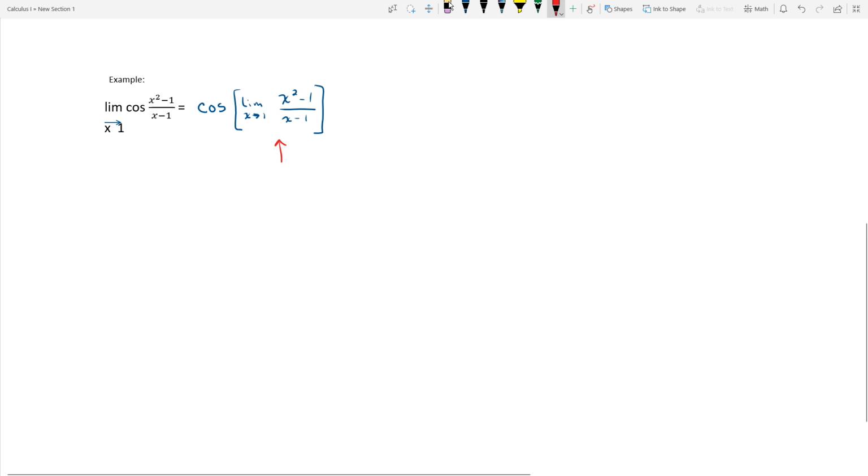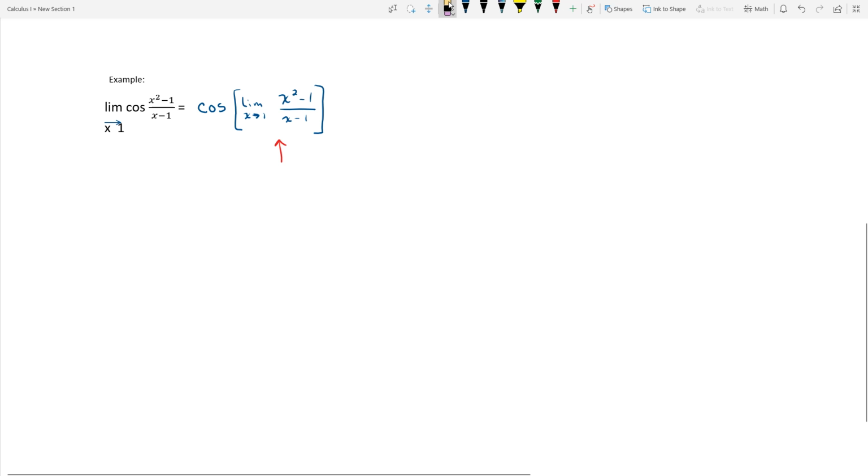So the first step says to go ahead and place 1 inside here and see what we end up with. We'd have 1 minus 1 over 1 minus 1, which is going to give us 0 divided by 0, which means that there is a hole in the graph, but there is also a way to factor and reduce this to a form that might allow us then to move forward and determine our limit.